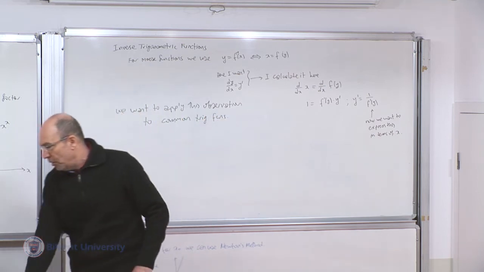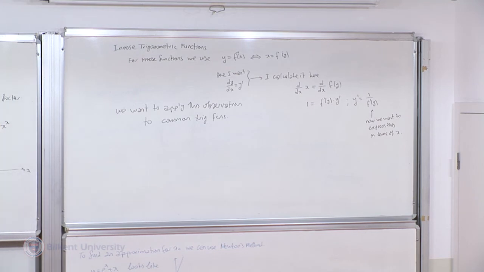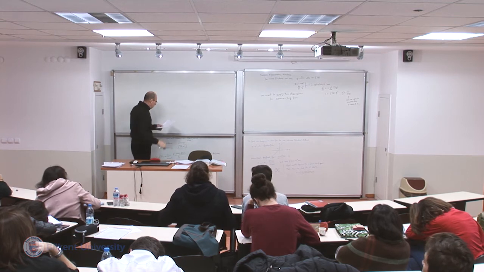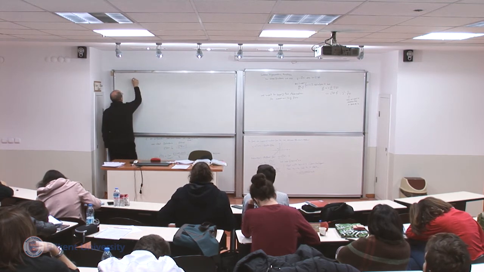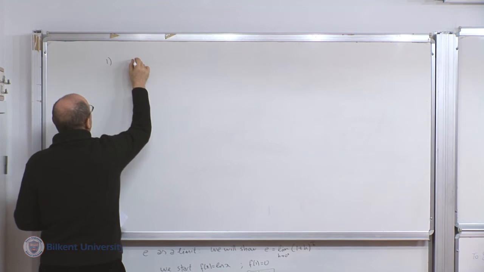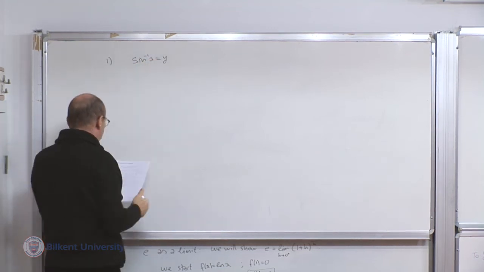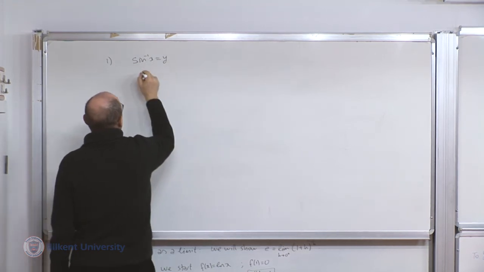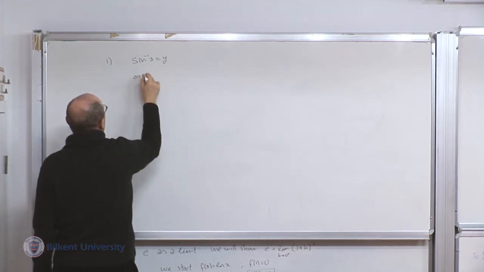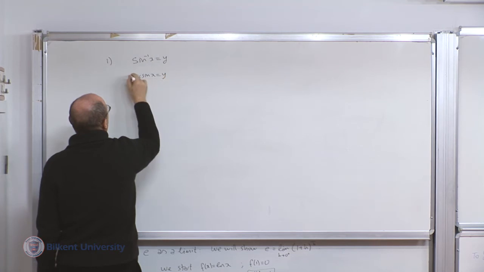Okay, so let's do this. First we do this for the sine function. First, sine inverse x is equal to y. Sometimes we write this as arcsine x equals y.